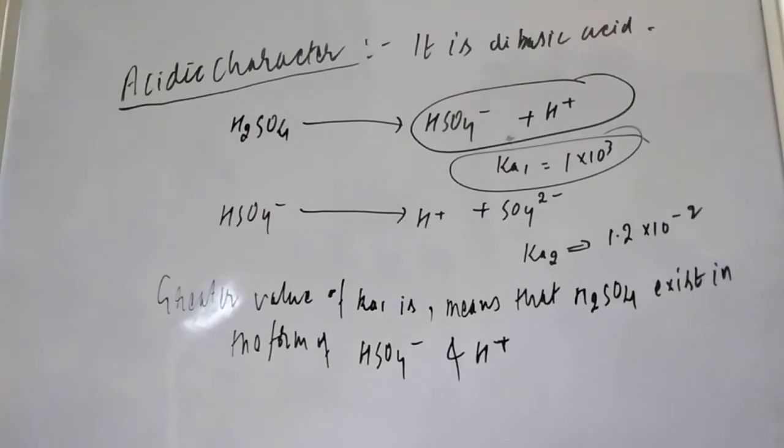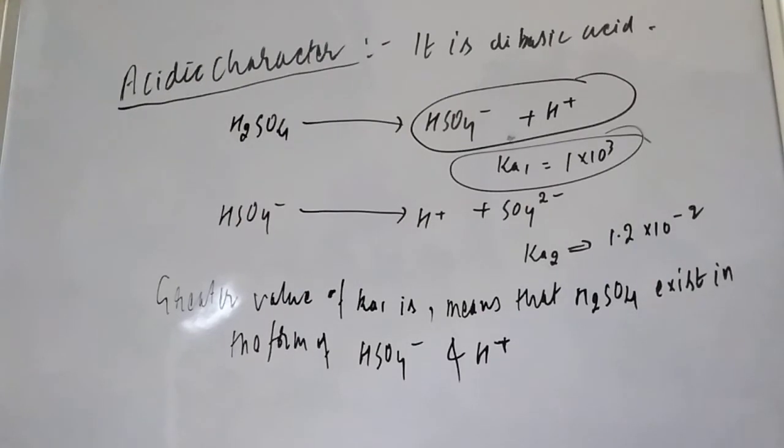Now what we have to study is the second point. Let us study reaction with electropositive metal. When H2SO4 reacts with an electropositive metal, student, it will release dihydrogen. So let us write the reaction with the help of a heading.